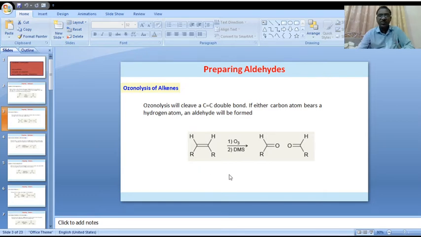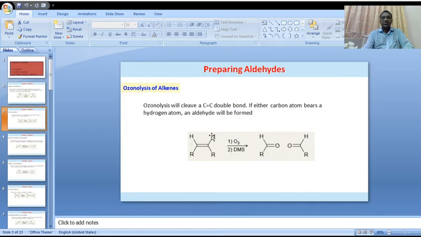If the carbon atom bears a hydrogen atom, in that case an aldehyde will be formed. In this olefin, if both the carbon atoms of the double bond are attached to hydrogen atoms, then after cleavage of this double bond it generally produces aldehydes.